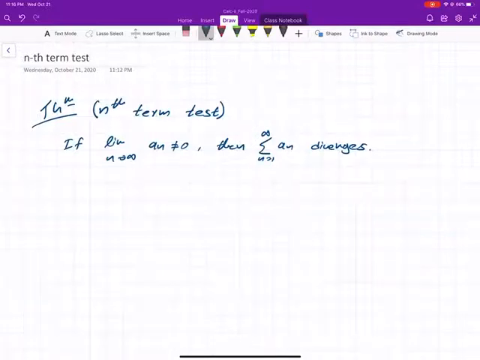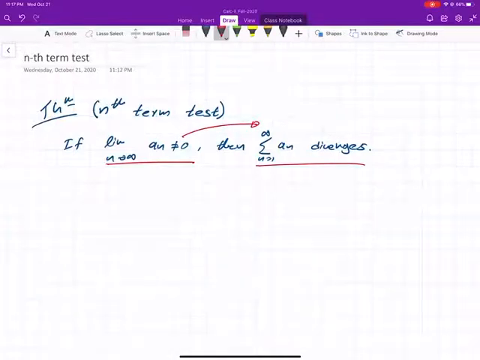Okay, that means you just take the n term and then you send n to infinity. If that does not equal to 0, then it diverges. Okay, if this happens, you say the series diverges.